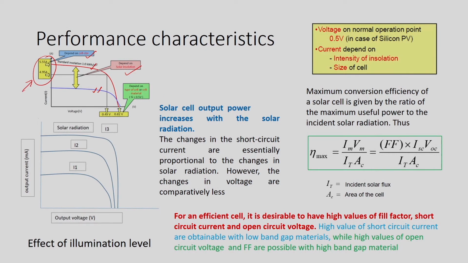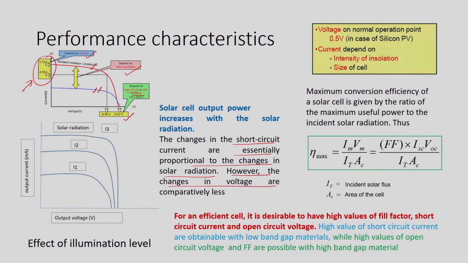But the VOC, the open circuit voltage, depends on the type of cell or cell material. So, this is fixed for a particular solar cell. The solar cell output power increases with solar radiation. The change in short circuit current is essentially proportional to the change in solar radiation.